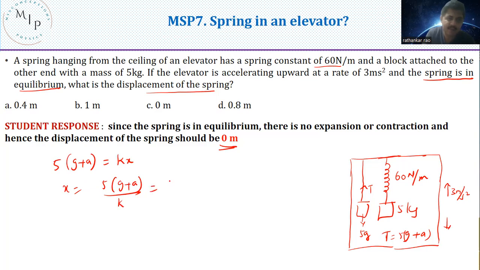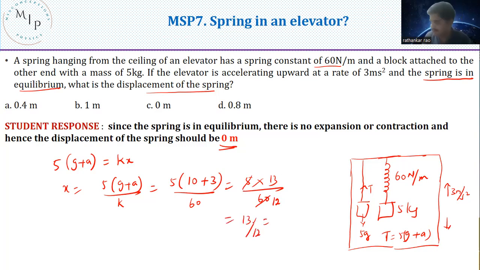So when you do this, you get x is equal to 5 into (g plus a) divided by k. Now let us substitute: 5 into the value of g, which is 10, plus a. What is a? 3. Divided by k. What is k? 60. Substitute all these values. We get 5 into 13, 13 into 5 divided by 60. Now this should be 5 twelves are 60, so this should nearly be 13 by 12. What is the value of 13 by 12?